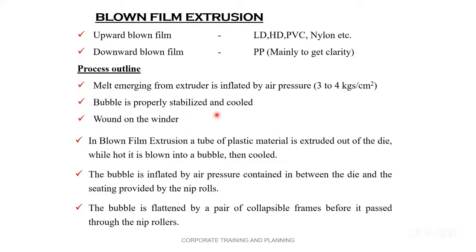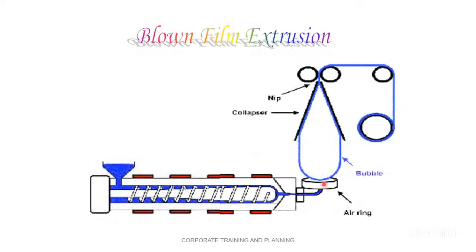The bubble is properly stabilized. The bubble gets a good round shape. Then it is cooled. Why? It is cooled by this cooling ring. There is a blower here, and that blower will cool this bubble.